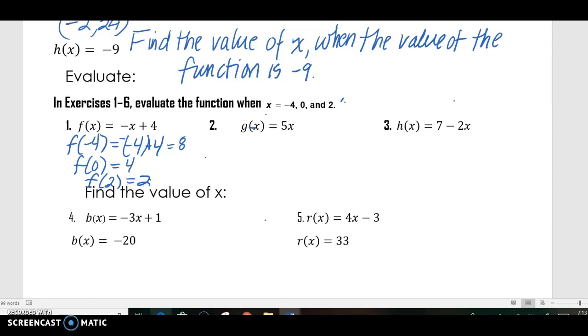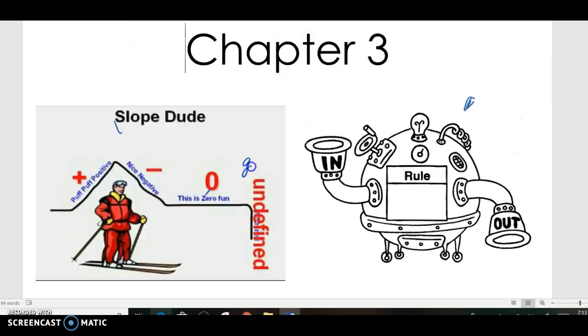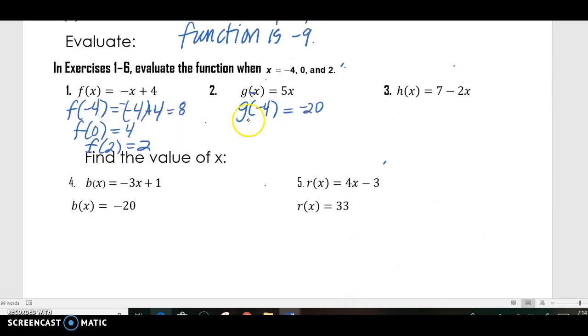Then we're going to do the same thing with these as well. g of negative 4 would be 5 times negative 4, which is negative 20. Our second value would be g of 0. 5 times 0 is 0. And then g of 2 would be 5 times 2, which is 10.